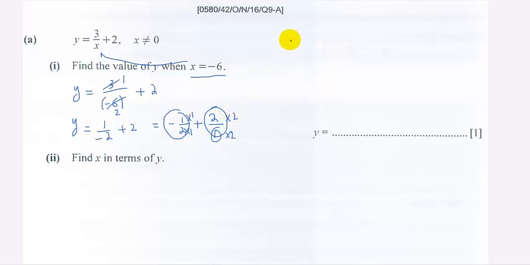So y is equal to minus 1 over 2 plus 4 over 2. Here the denominators are the same, so this same denominator is the LCM. We have minus 1 here and plus 4 here, so it is 3 over 2. In the mixed fraction form, it is 1 and 1 over 2.